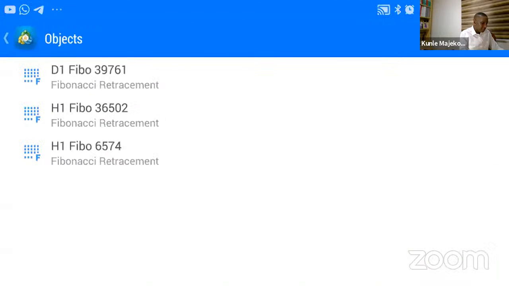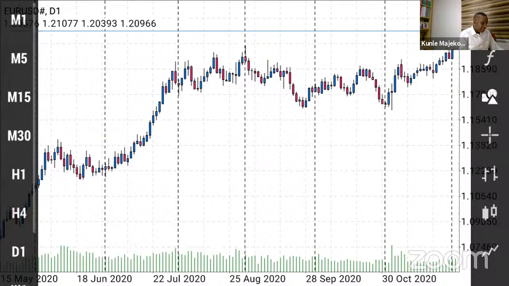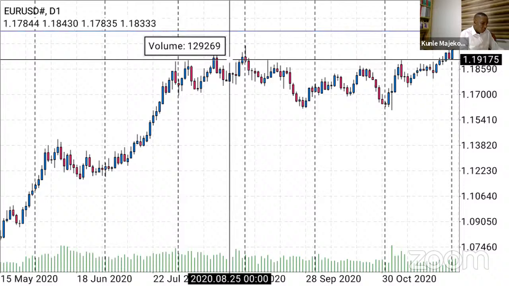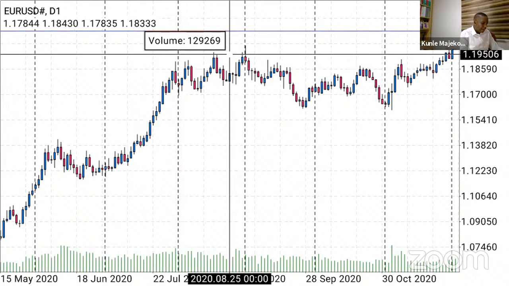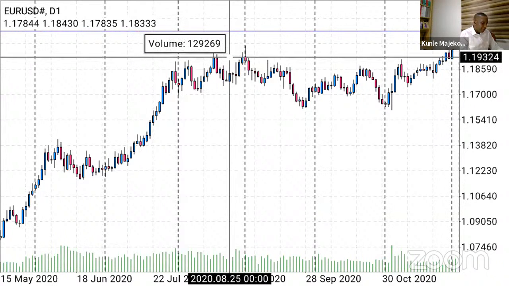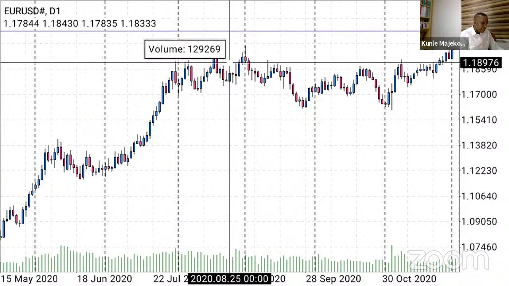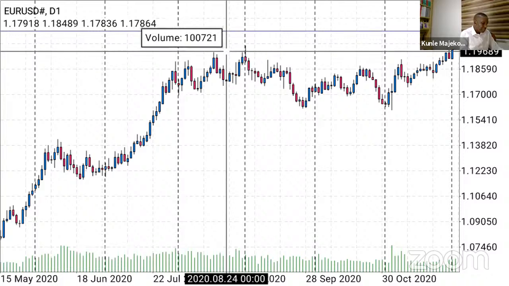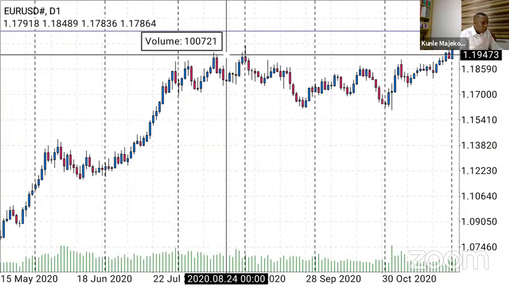This market has been going up and down, hovering around there for some time. Now it has broken through this level. What it tells me is that it might want to come down and reach that level.